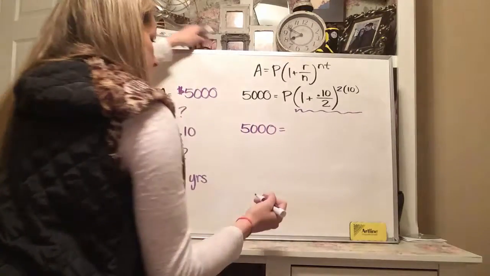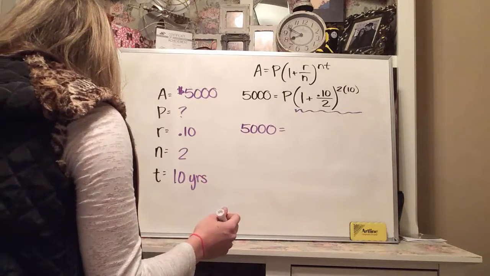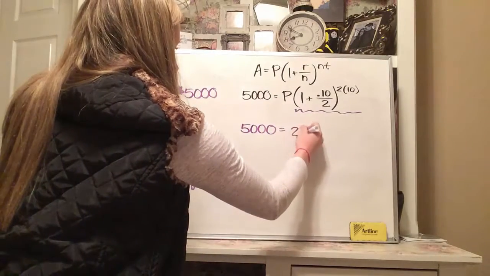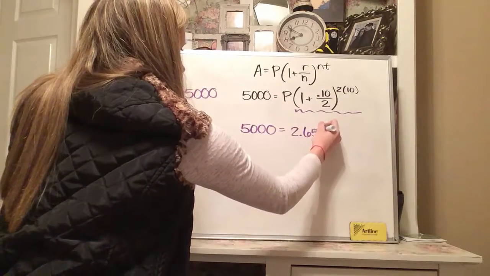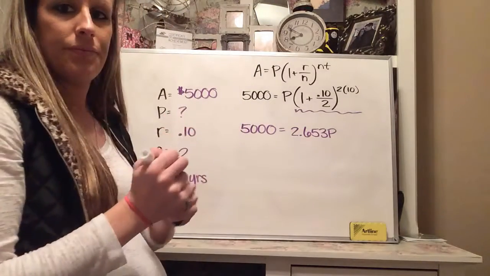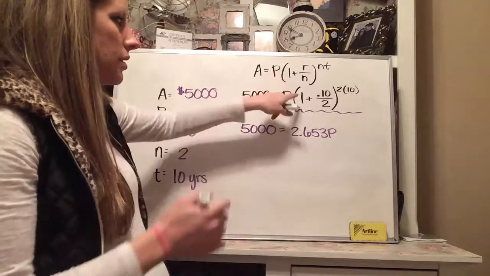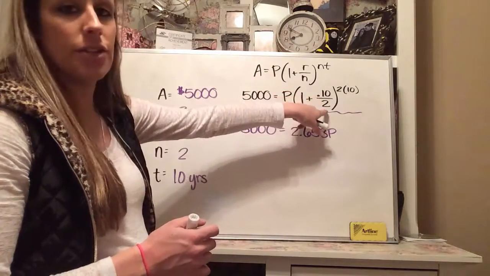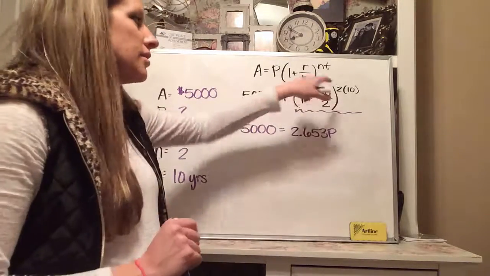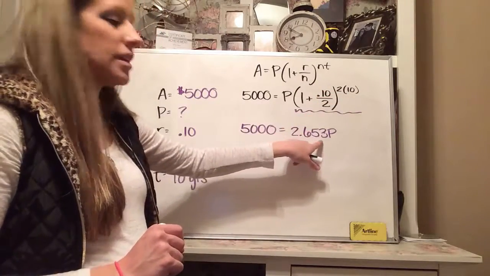You should get 5,000 equals... I'll give you a second. Okay, when I punched in parentheses 1 plus 0.1 divided by 2, close my parentheses, caret button, 2 times 10, I got 2.653.